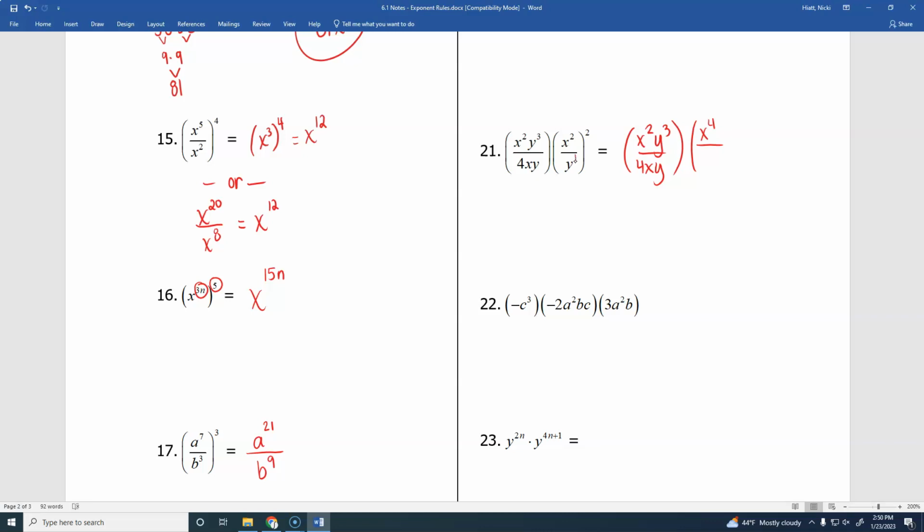That y right there has a 1 for its exponent. It's going to be y squared, right? Or to the second power. Either one of those is okay. Okay, because we're multiplying the exponents for both of those.